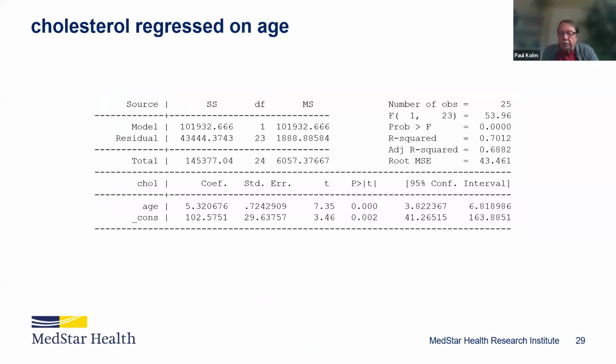And so just a couple of things in here that you see in this table that's pretty typical. Over here you have what's called the root mean square error. This is just the square root of the error mean square, which is what we call the residual in a regression, regardless of whether the regression is for continuous or dichotomous or categorical outcomes.